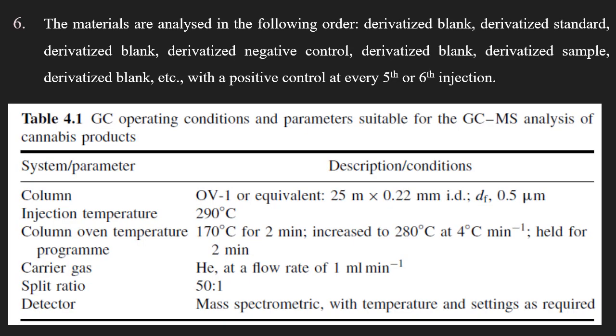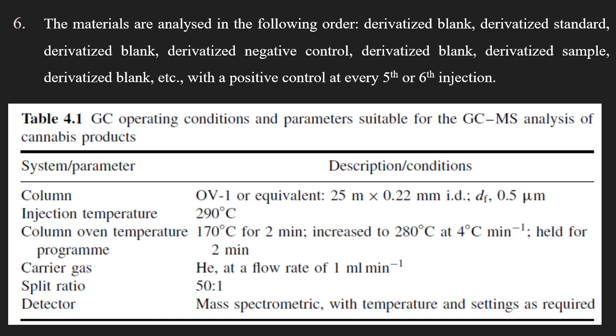The materials are analyzed in the following order: first the derivatized blank, then derivatized standard, followed by derivatized blank, then derivatized negative control, and again derivatized blank, then the derivatized sample, and so on, with a positive control at every fifth or sixth injection. These are the typical requirements for a GCMS instrument for the analysis of cannabinoids.